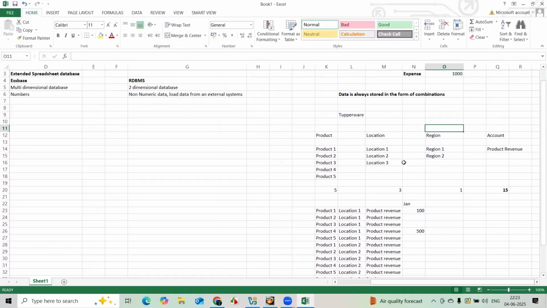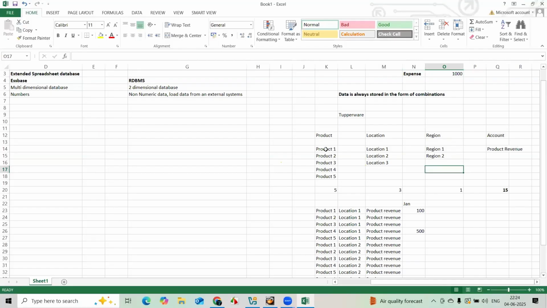Since it has many things over here, the company has products, it is tracking revenue with respect to product, with respect to location, with respect to region, and with every account. There can be expenses as well, right? So based on the requirement, they can have as many dimensions as possible.